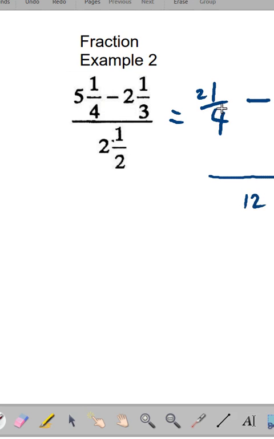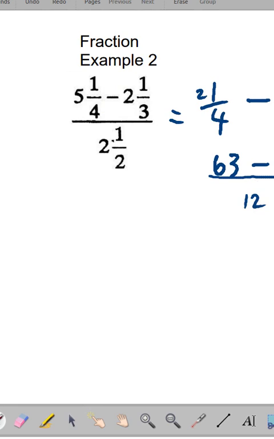3, which is 12, and we say 4 into 12 goes 3 times. 3 multiplied by 21 is going to be 63. Minus 3 into 12 goes 4 times. 4 times 7, 28.